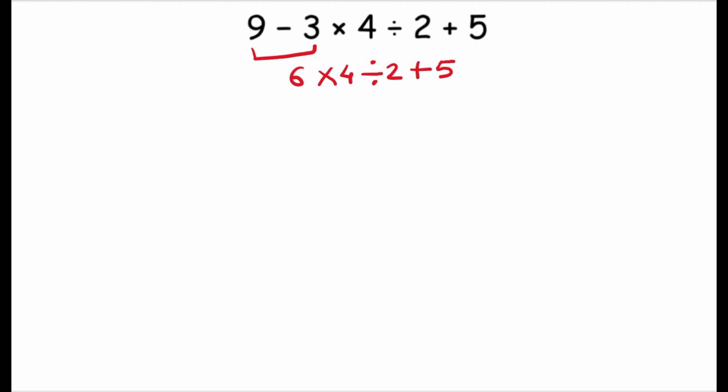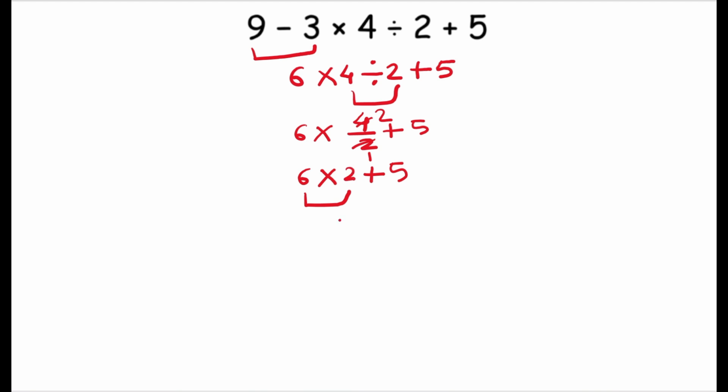Then you solve 6 into 4 divided by 2, plus 5. 6 into 2 ones are 2, 2 twos are 4, 4 plus 5, and 6 multiplied by 2 is 12, plus 5, then the answer is 17.